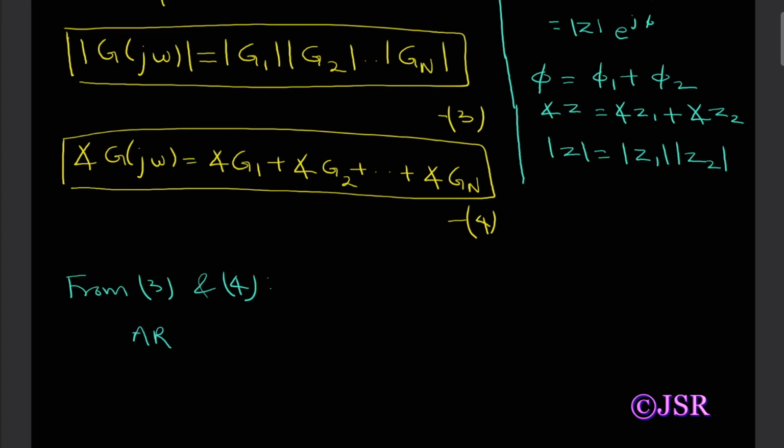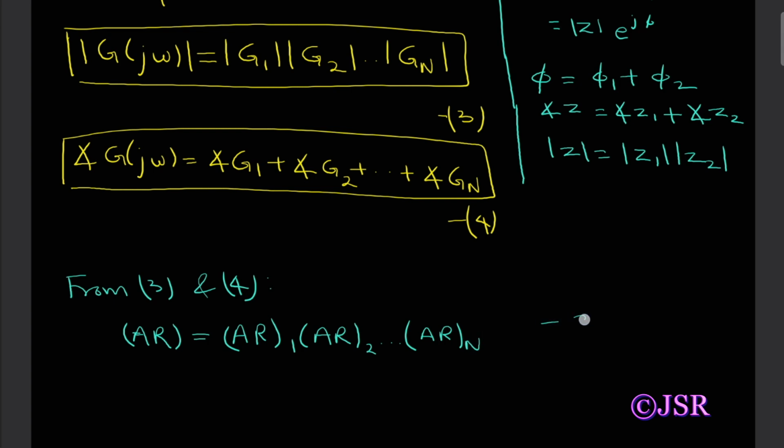amplitude ratio will be equal to amplitude ratio of 1, amplitude ratio of 2, amplitude ratio of n.